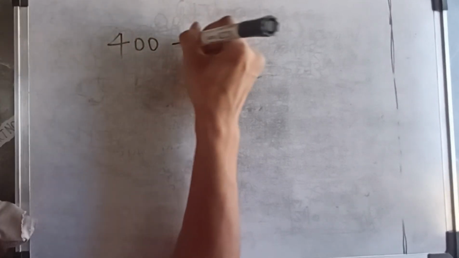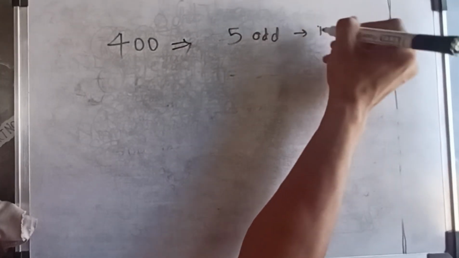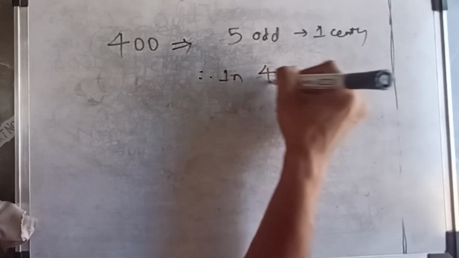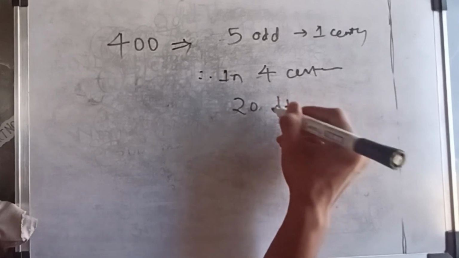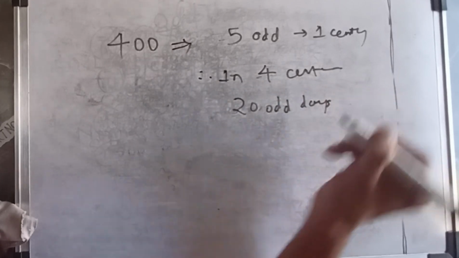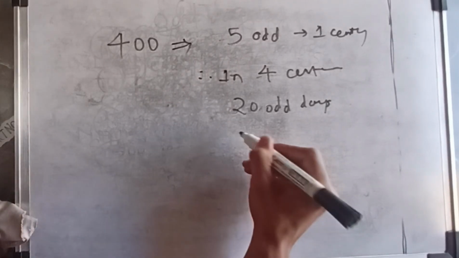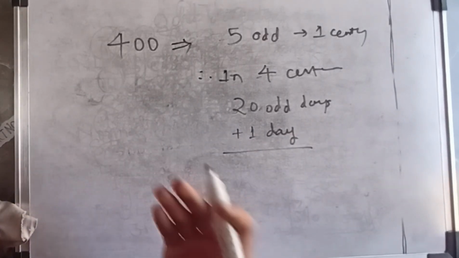And when it comes to 400 years, how many odd days are there? As we said, 5 odd days in 1 century. Therefore, in 4 centuries, we will have 20 odd days, which is wrong. Why? Because when it comes to 4 centuries, we will take 1 plus day, because of the centurion leap year concept.